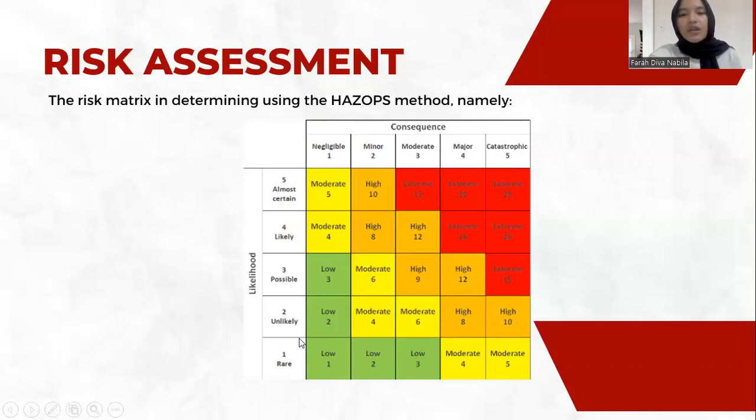The likelihood levels are: first rare, second unlikely, third possible, fourth likely, fifth almost certain. The consequence levels are: first negligible, second minor, third moderate, fourth major, and fifth catastrophic. Each level has a value.